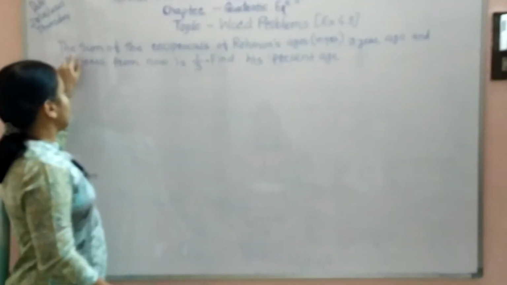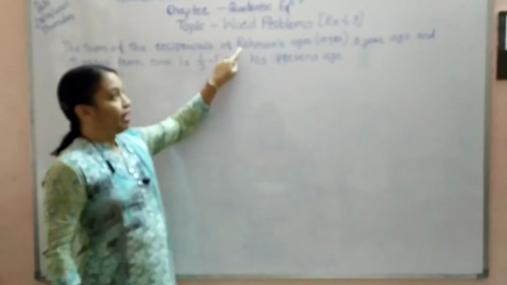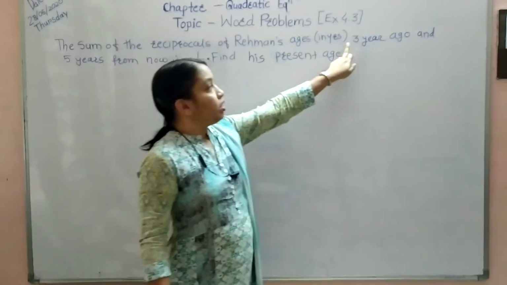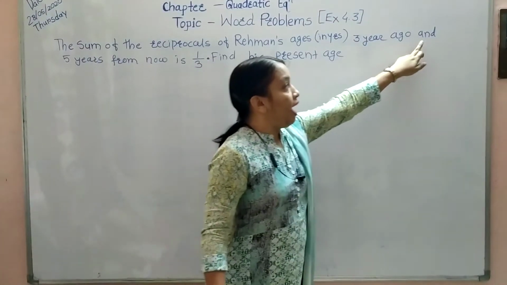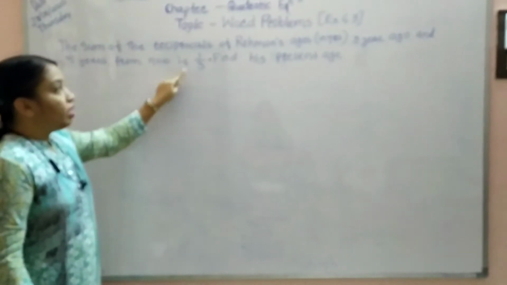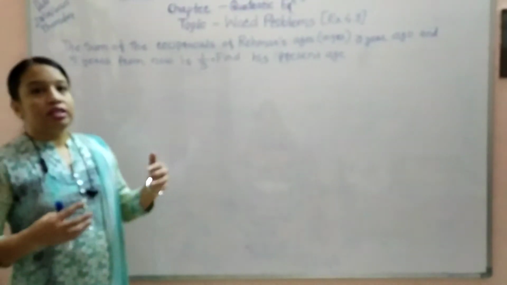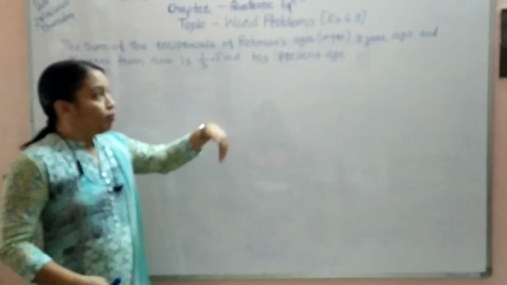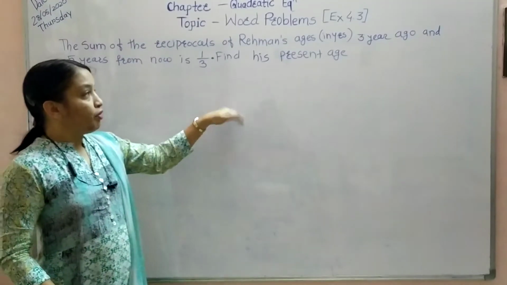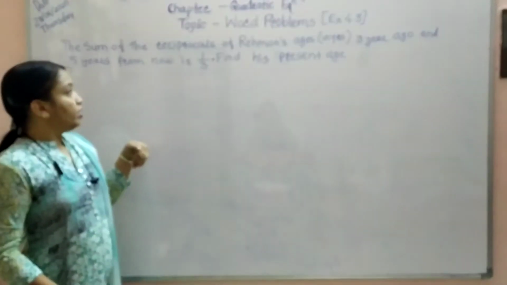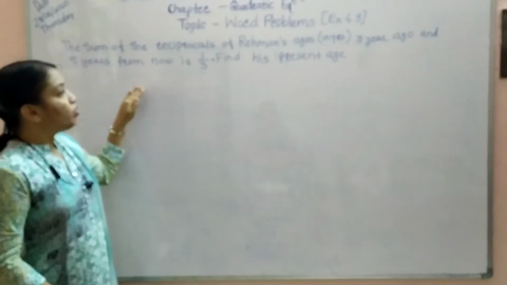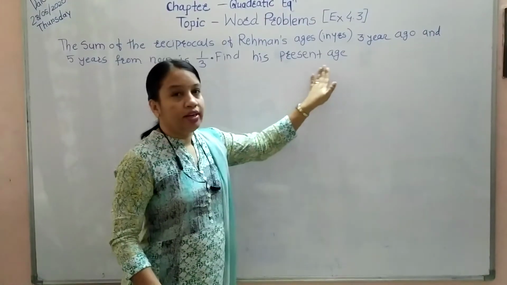The sum of the reciprocals of Rahman's ages 3 years ago and 5 years from now is 1/3. There is a relation between the 2 ages, 3 years before and 5 years after, and you have to find his present age.